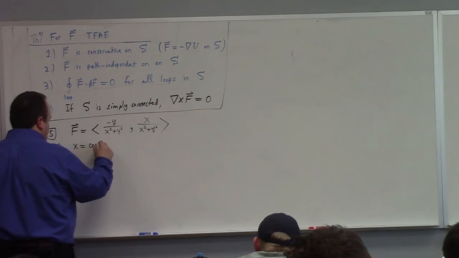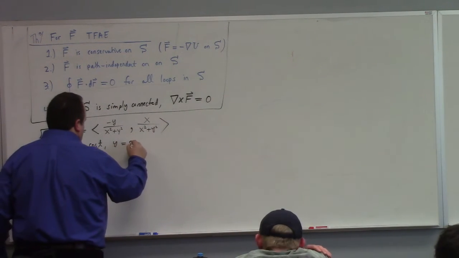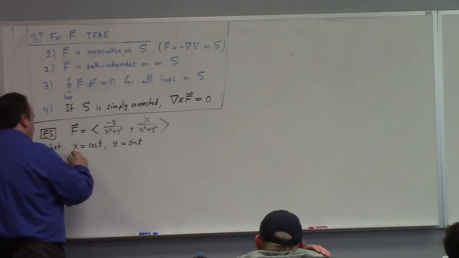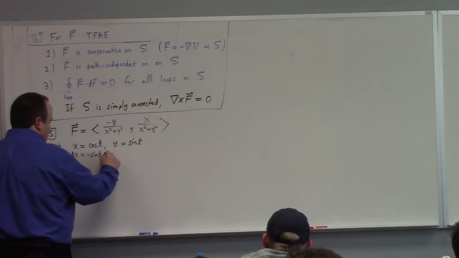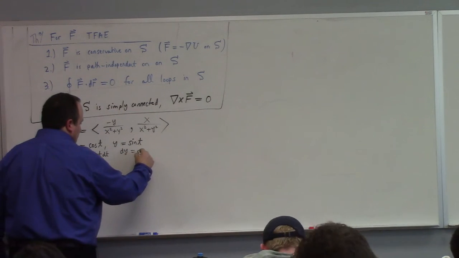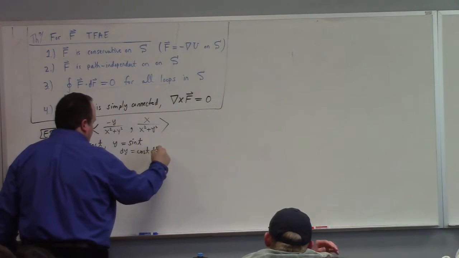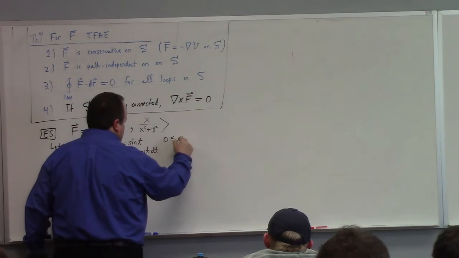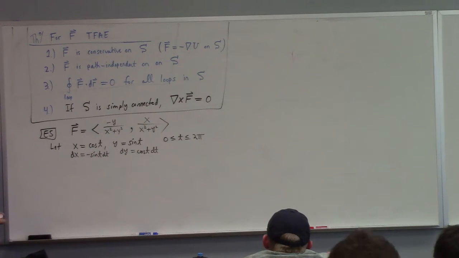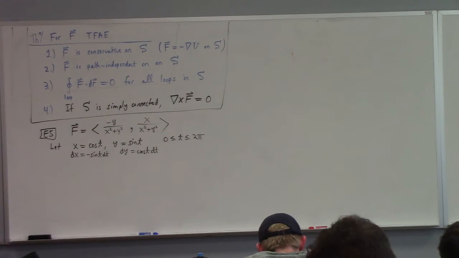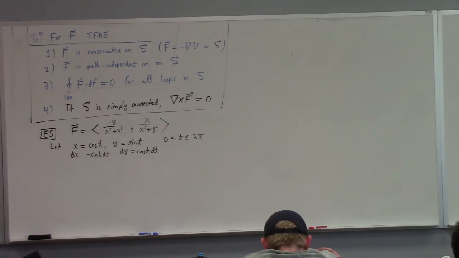So that would be x equals cosine t, y equals sine t, right? So we got dx is minus sine t dt, dy is cosine t dt, and this would be for 0 less than t less than or equal to 2 pi. That gives us a parameterization, a trajectory which goes around the unit circle one time.